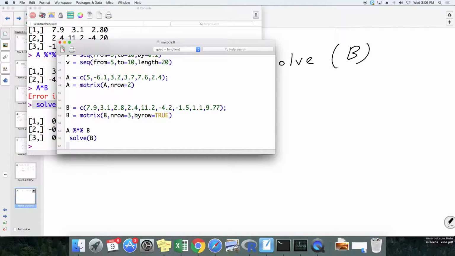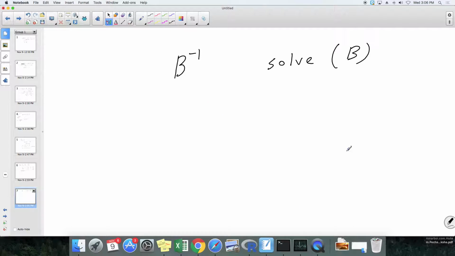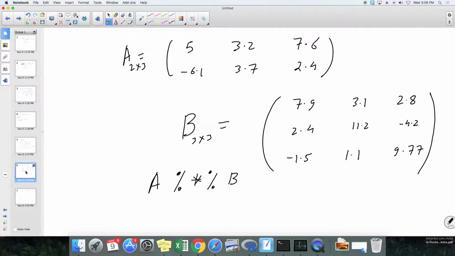Okay. So suppose B is the matrix that we have, and suppose W is a vector 5, 13 and 72, just some vector.